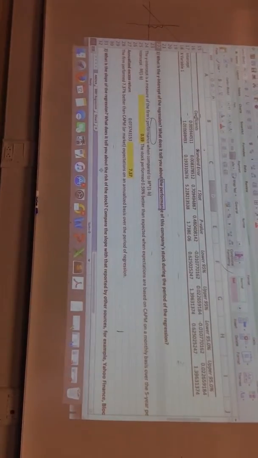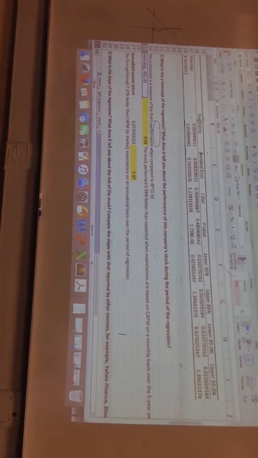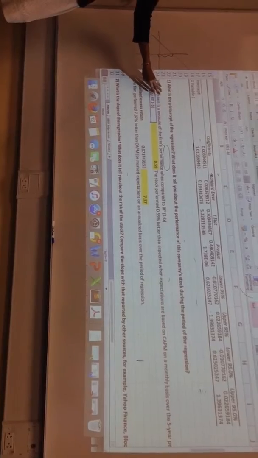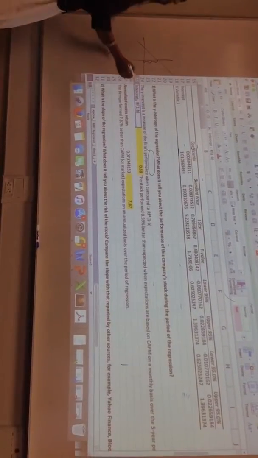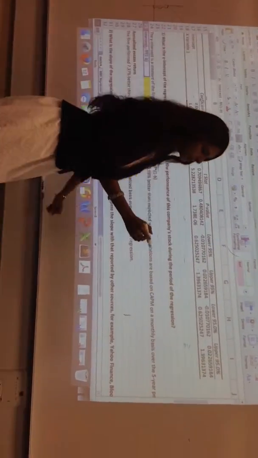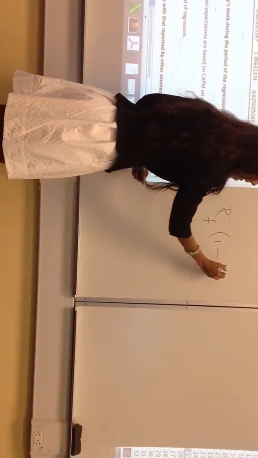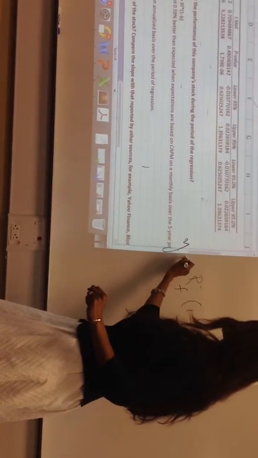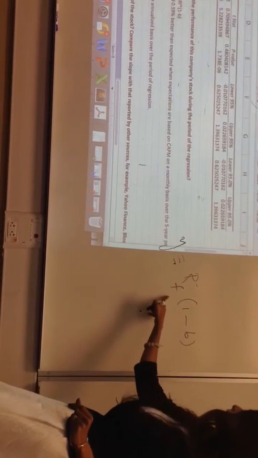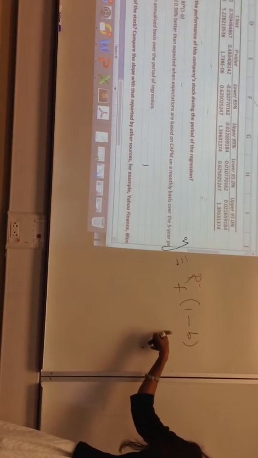So when we are using our regression data or our returns data, when we compute the firm's return, we always compare it to the risk-free rate multiplied by 1 minus beta. That is, we compare the y-intercept to the risk-free rate multiplied by 1 minus beta.